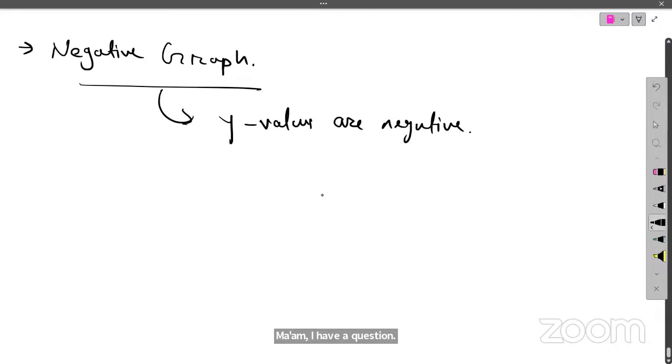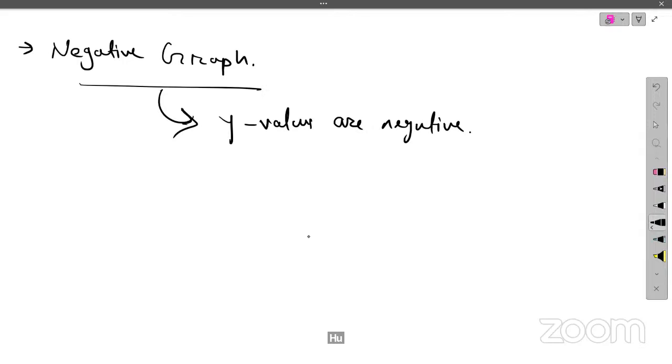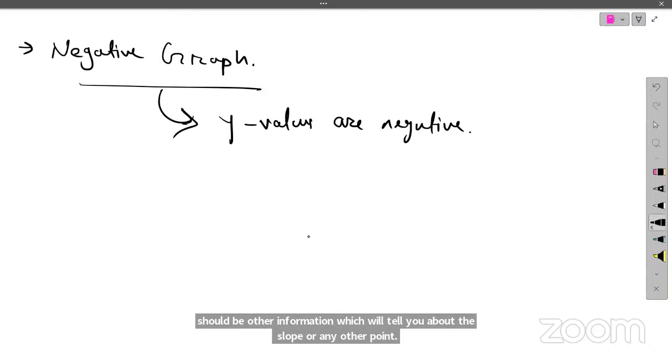Ma'am, there are two lines, line 1 and line 2, and their intersection point is P, and line L goes through P. The question asks for the equation of line L. You can find the point of intersection, and there should be other information about the slope or another point. Yes, the slope is the same for both lines.